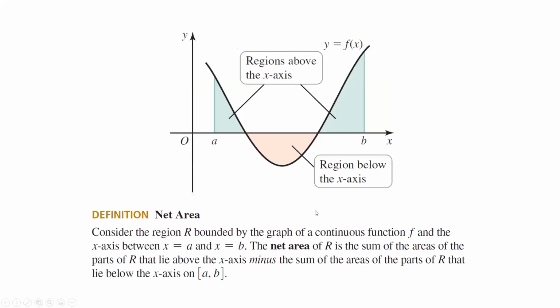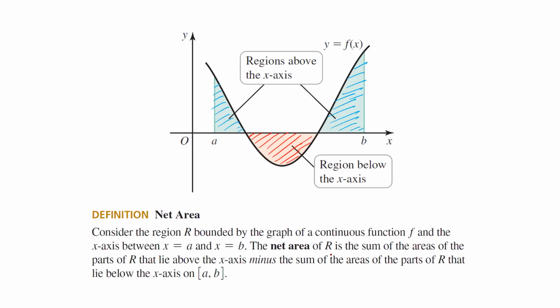So the net area, which we'll define here, is the area where we consider the regions above the x-axis as positive areas. So these regions that lie above the x-axis will contribute a positive area to the net area. And then we'll subtract the area of the regions that lie below the x-axis, and that'll contribute a negative area to the net area. Okay.